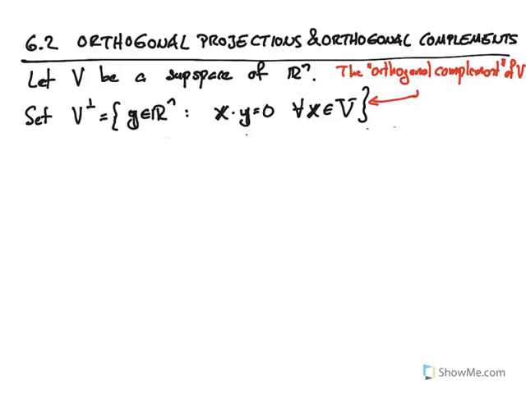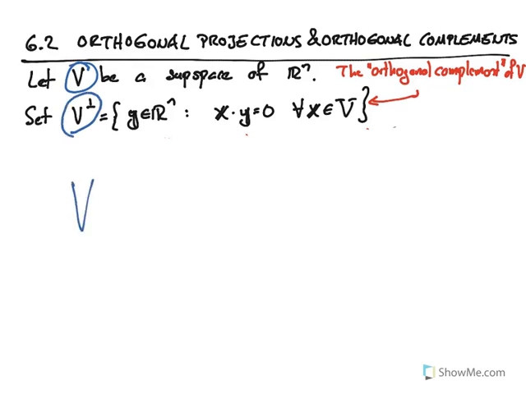In section 6.2, we're going to talk about orthogonal projections and orthogonal complements. Our starting point here is to define the orthogonal complement of a subspace of Rn. So given a subspace V of Rn, we define its orthogonal complement, V perp.